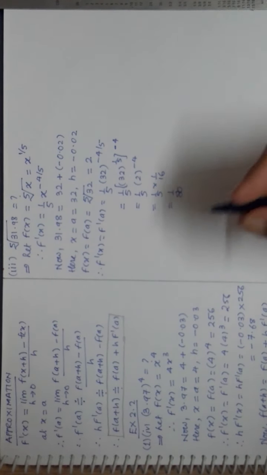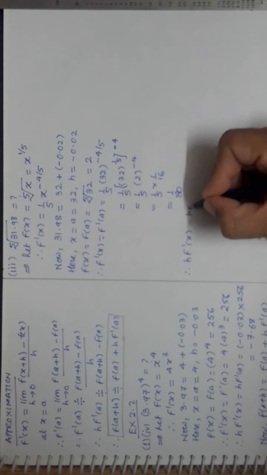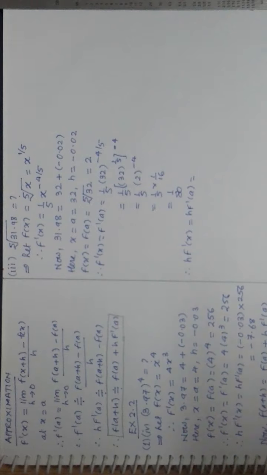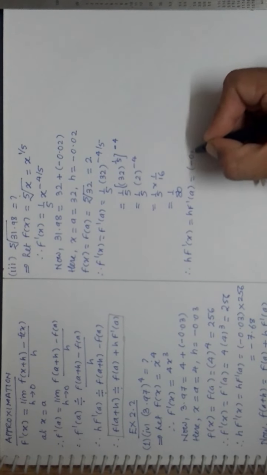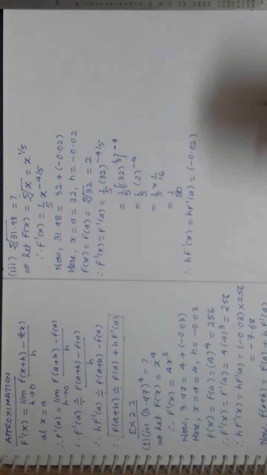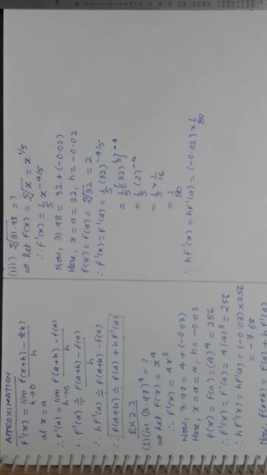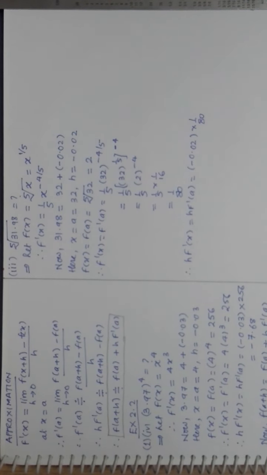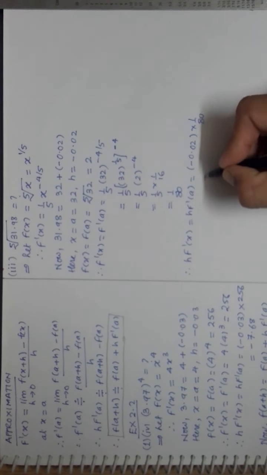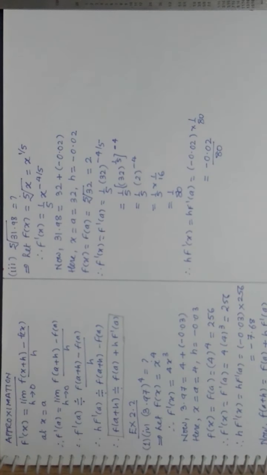After getting this, you find h into f dash a, which is h being minus 0.02 into f dash a, and f dash a is 1 by 80. So the result will be minus 0.02 upon 80. Now let me arrange it in the formula, because I have taken all the necessary contents.